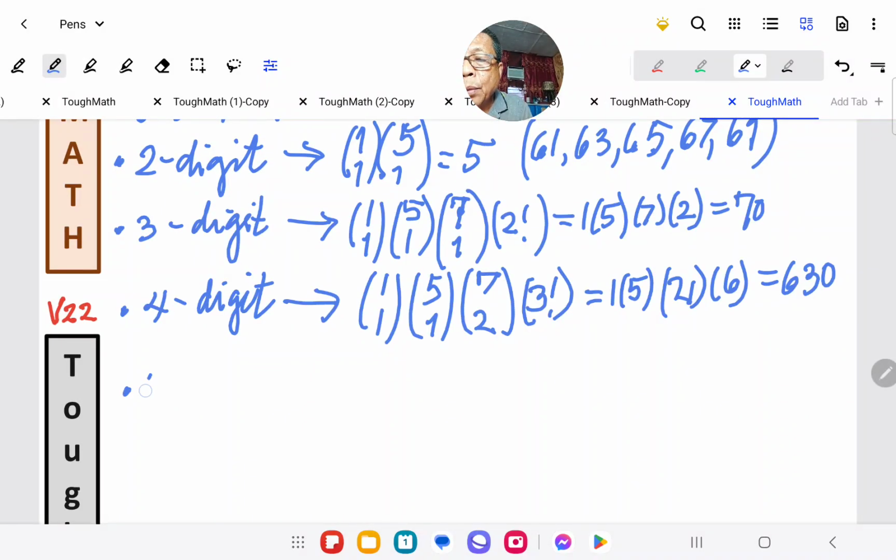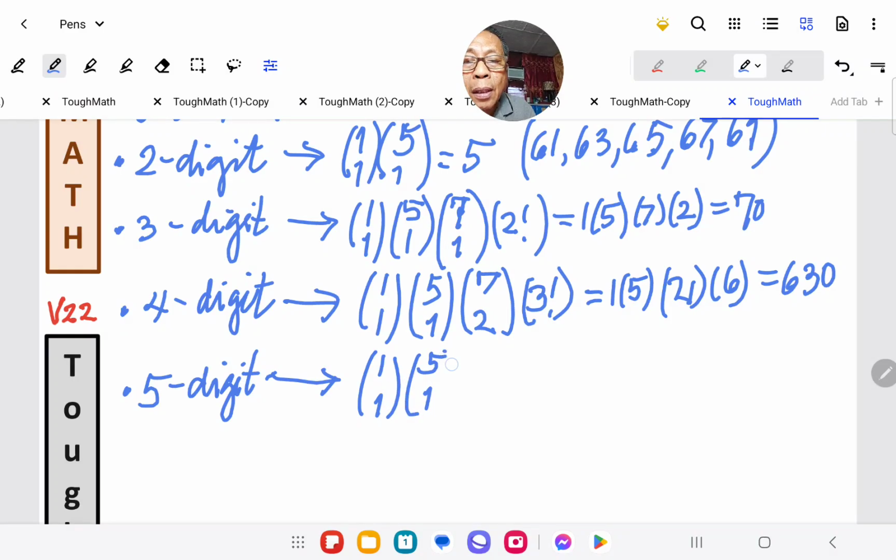one of whose digits is 6 and whose units digit is odd. Then we go to the 5-digit numbers. Okay, again one choice for the 6, 5 choices for the units digit, and then 3 choices for the other 3 digits. And since the tens, the hundreds, and the thousands digit can be permuted to give different numbers, we have to multiply this number by 4 factorial.